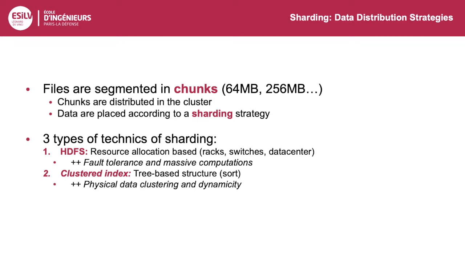The second strategy is clustered index. It's based on a tree-based structure. This structure sorts every piece of information according, for instance, to an identifier or whatever attribute you want, but only one.